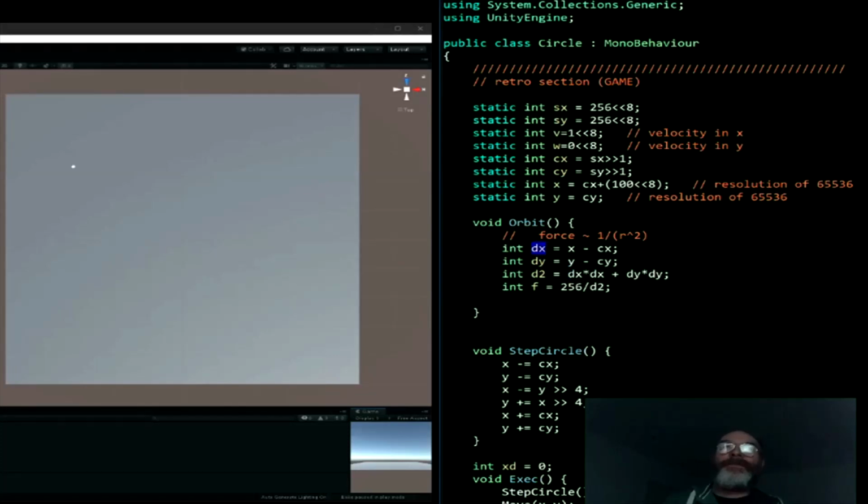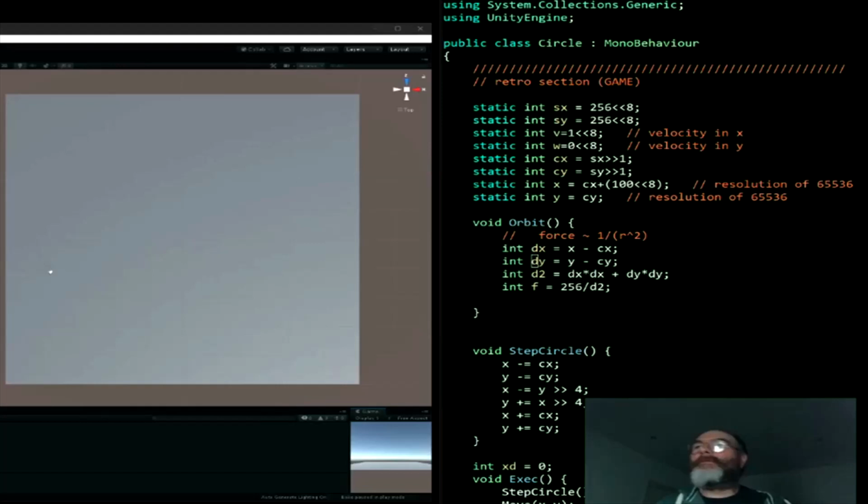Well, you need to know the direction. The direction is actually the direction of the vector between the center of the screen and the ball. You can see dx and dy. But to make that a direction, I need to normalize it. So now we've got a problem. But to normalize it, I need a square root function.